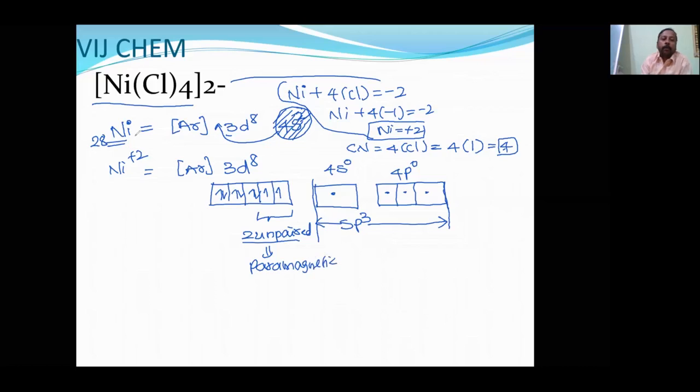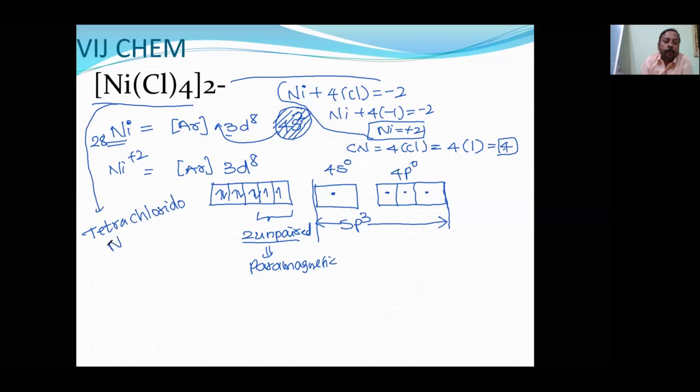Now I am drawing the structure of the nickel tetrachloride. But as per the IUPAC name, it will be tetrachloronickelate ion. Recently we have studied this naming also. In the square bracket, we should write the name of the ligand first: tetrachlorido.